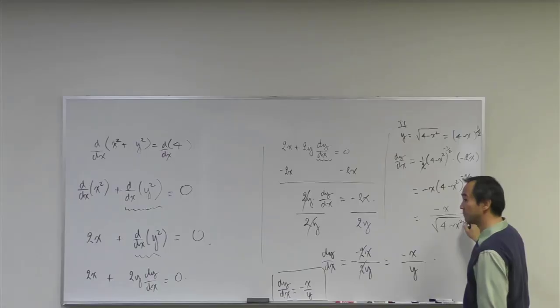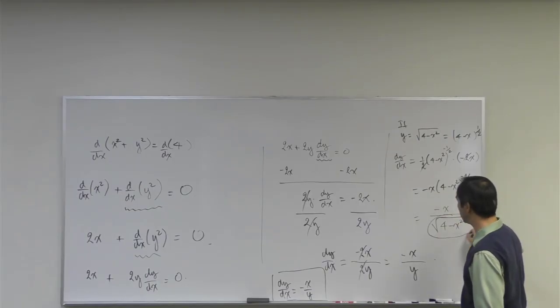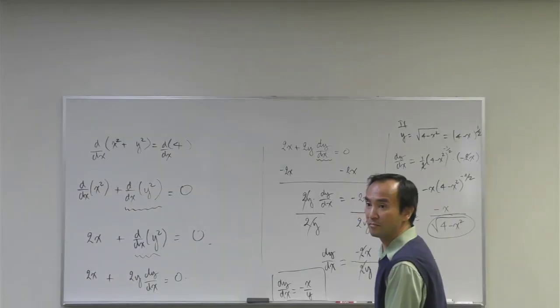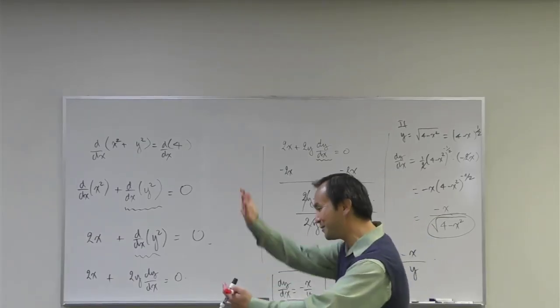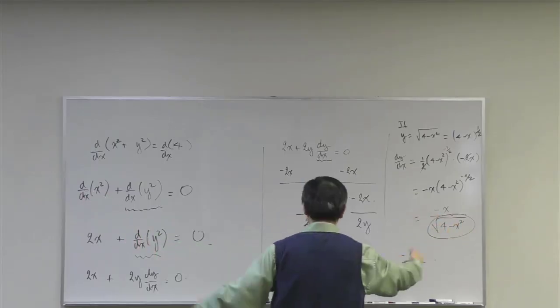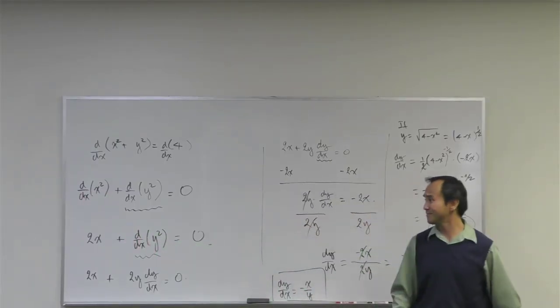You guys repeat that? Okay. Do you see that it's minus x over, this is your y there? So if we decide y to be the positive square root of 4 minus x squared, the final derivative is going to be coming out minus x over that y anyways, right?